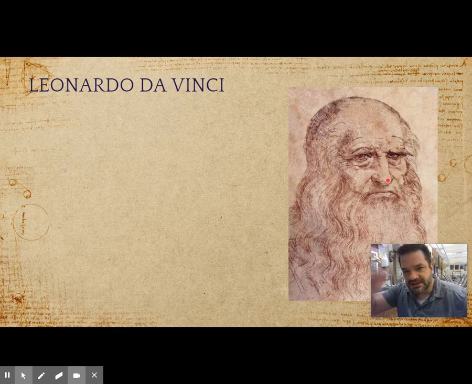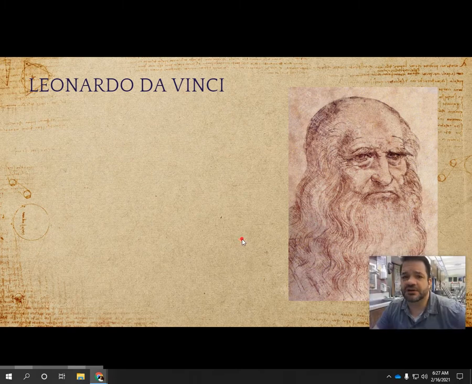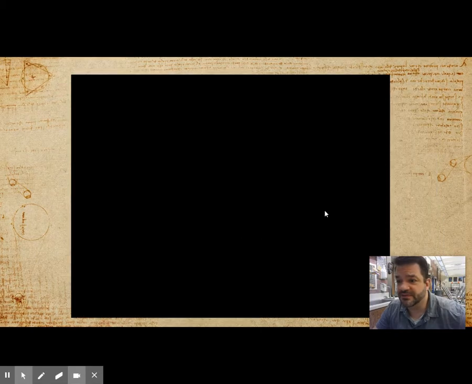And then you progress up that ladder. And that's what happens with Leonardo da Vinci. He is apprenticed to an artist, Andrea Verrocchio, at a young age, and learns how to create from him.